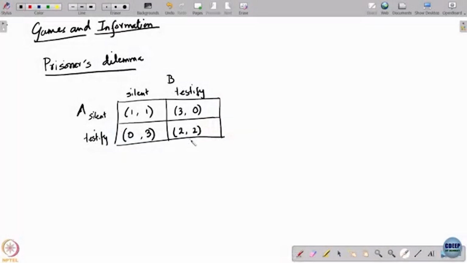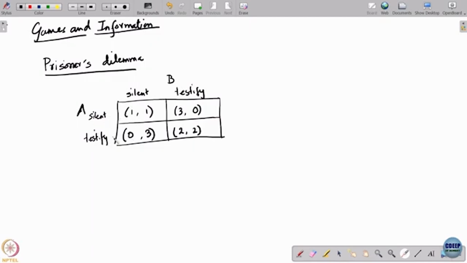So here is one way of reasoning about this, and this is a special structure in this particular problem, and it's also one of the reasons to start off with this problem. You can see the structure here is that if you look at the strategy of any one player, each player has two strategies. Okay, I'll make this more formal, but each player has basically two strategies, either to stay silent or to testify.